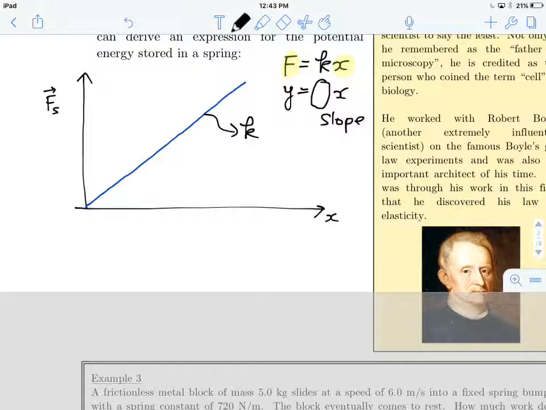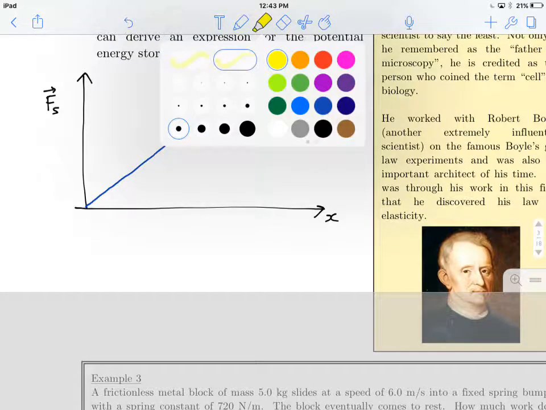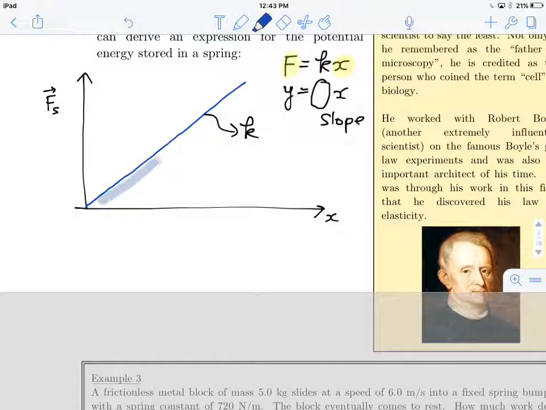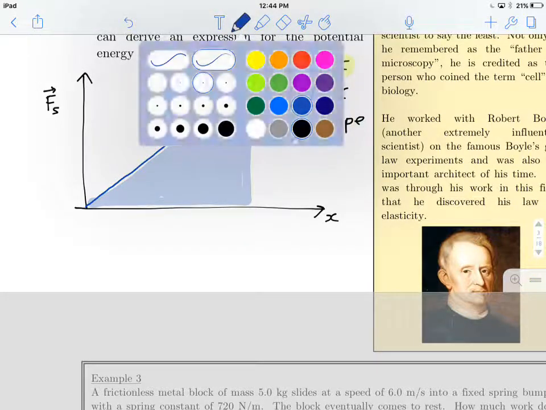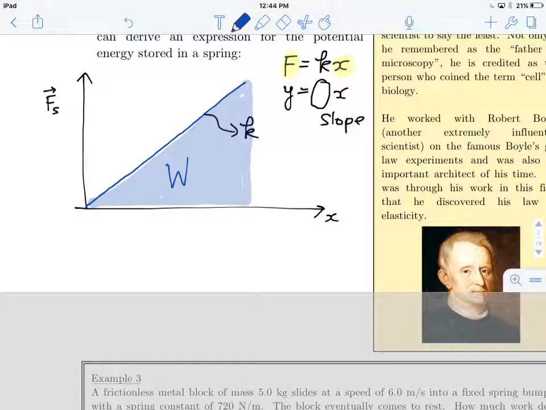Okay? What's really nice is that the area underneath this curve, this whole area, is known as the work. I'm just sketching this in here. This is the work that's done by the spring, compressing it over that distance.